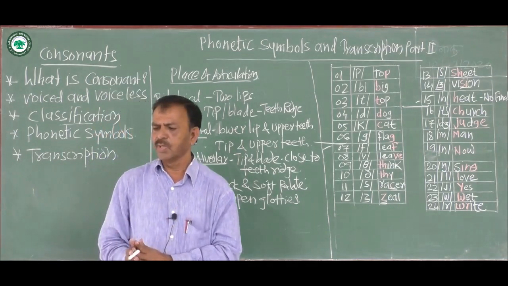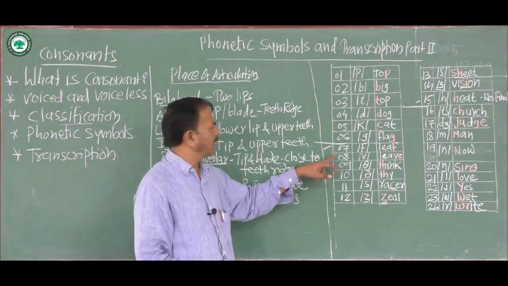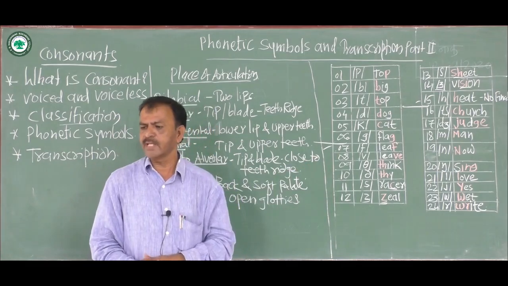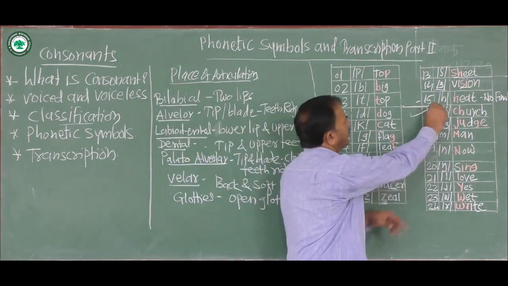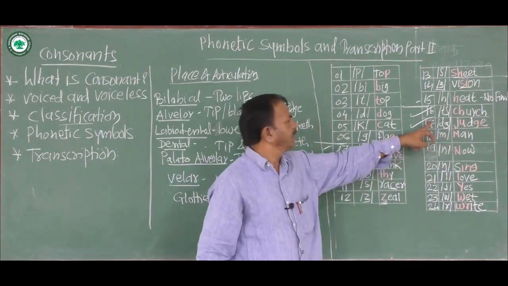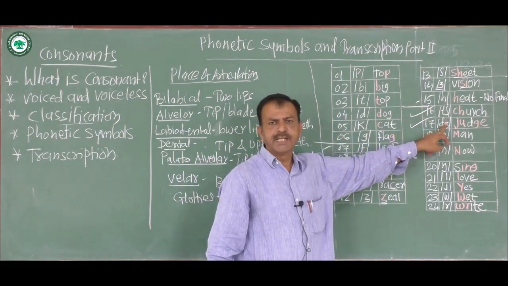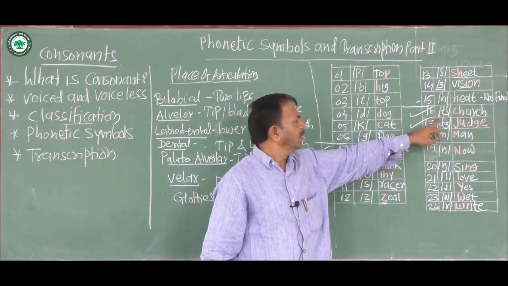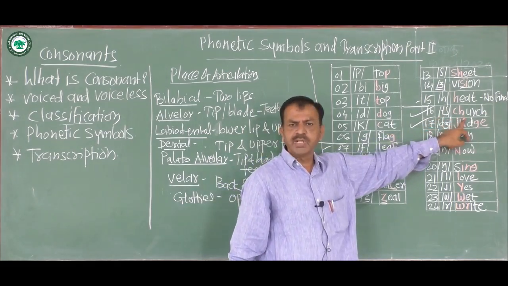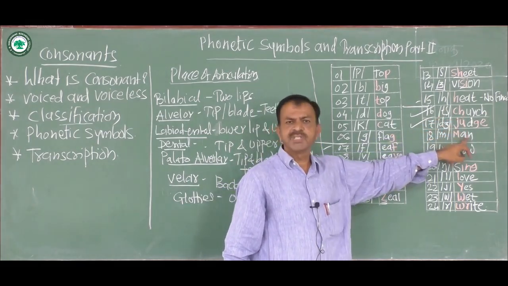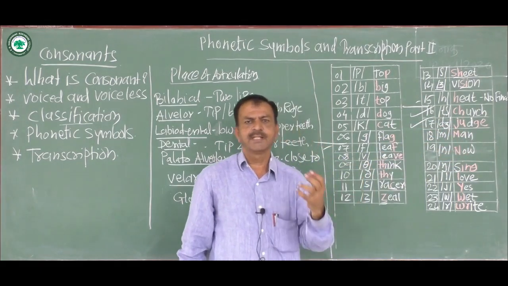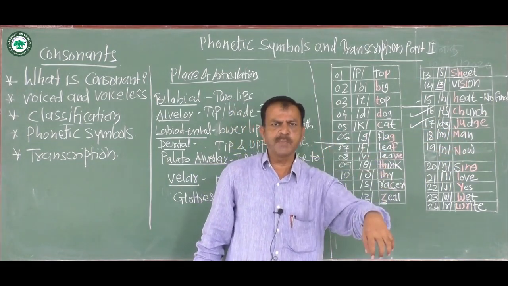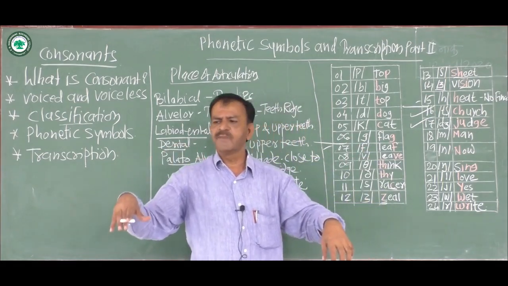The next sounds are ch and j, ch in church and j in judge. Here in the word judge, j stands at the initial position as well as the final position.